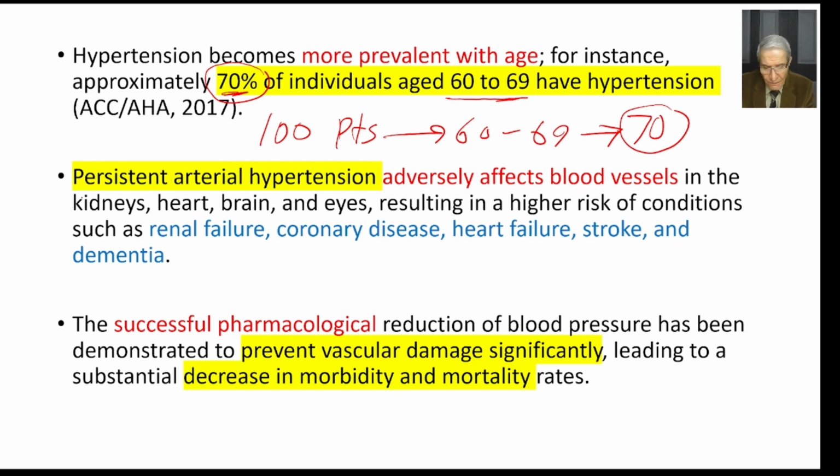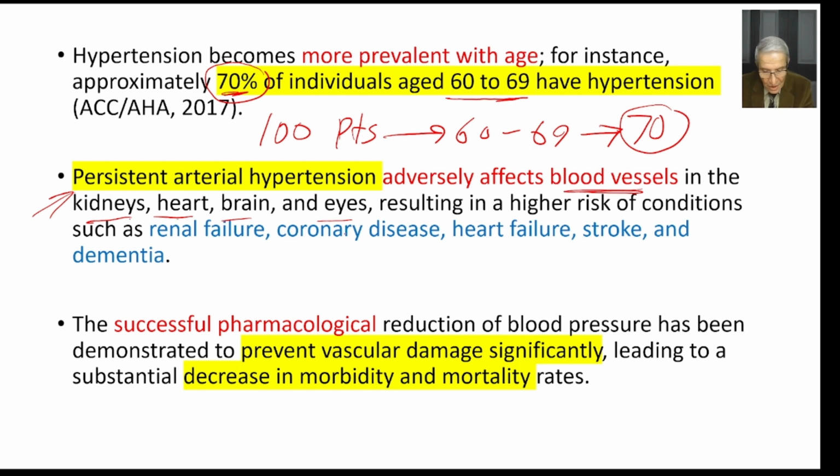They said if the hypertension persists without treatment, persisting arterial hypertension adversely affects blood vessels. We have blood vessels everywhere: blood vessels in the kidney, in the brain, in the heart, in the eye, and hypertension affects the kidney, the heart, and the brain negatively.